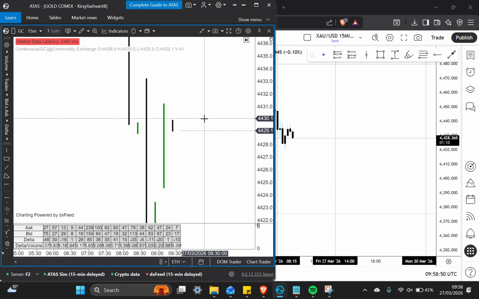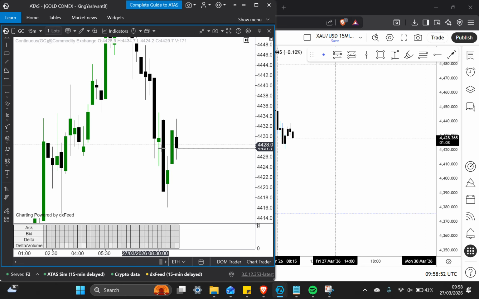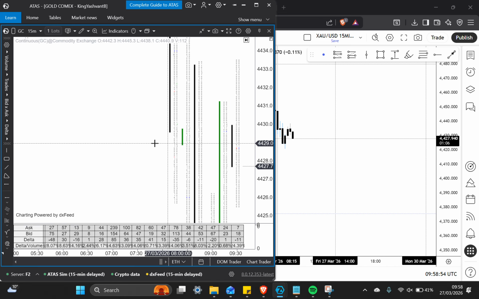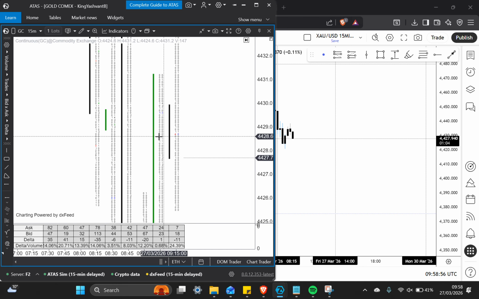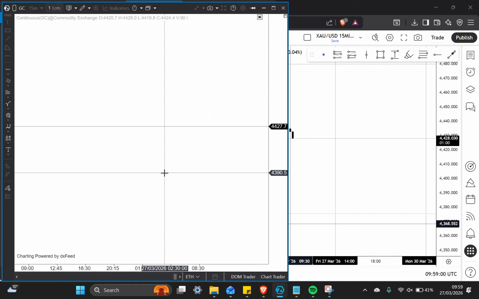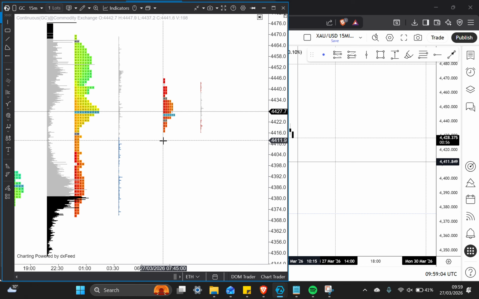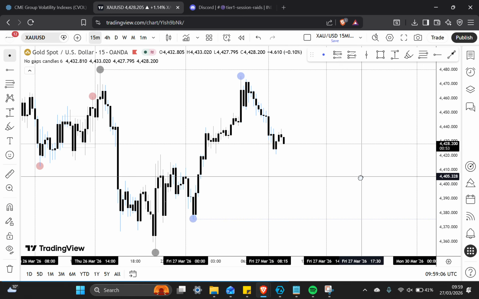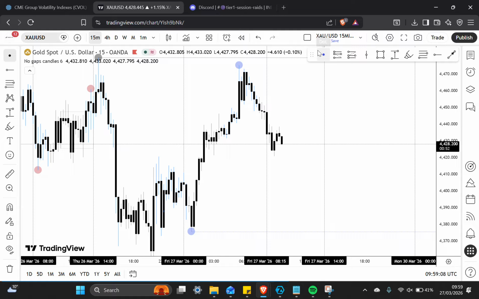Alright, it's still loading up. I think the TP was also loading up. So with regards to that, let's leave that to the side for a second.